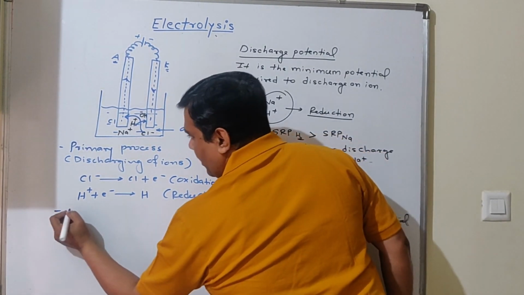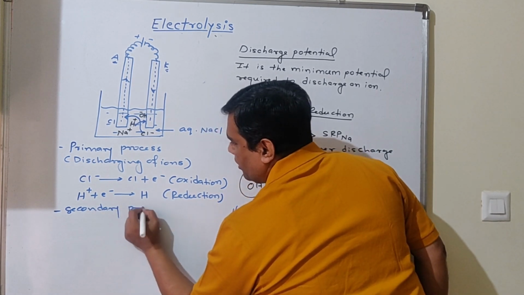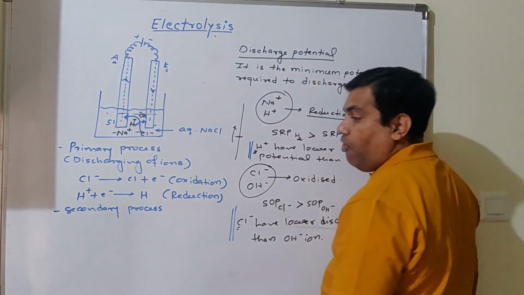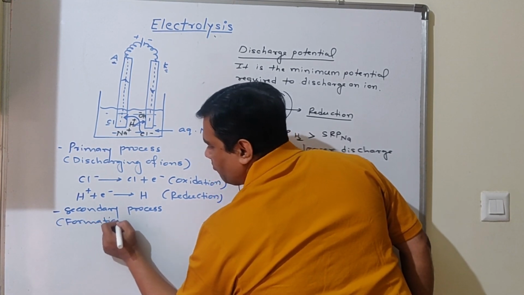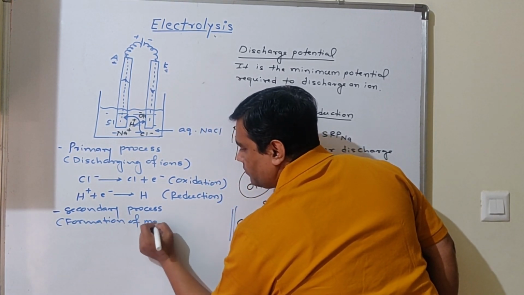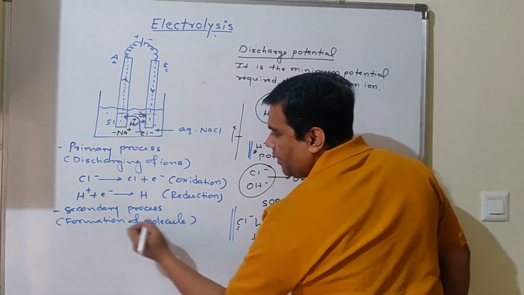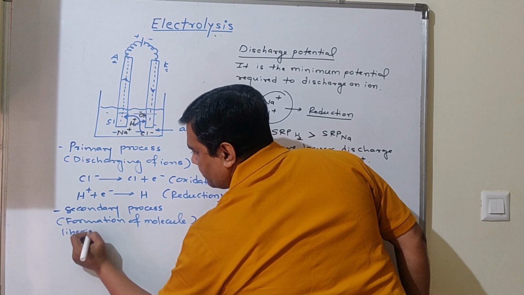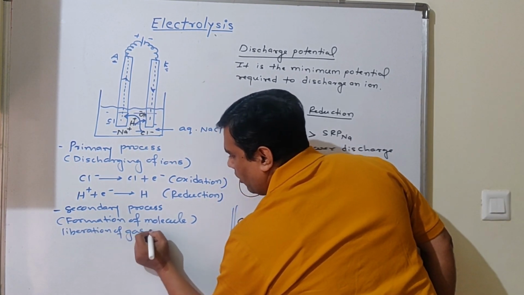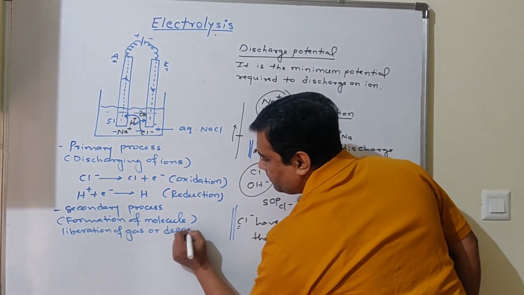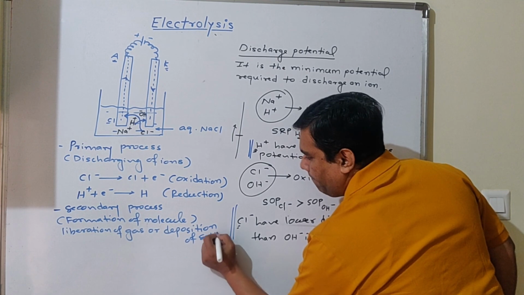Now, after that, there will be the secondary process. And what is a secondary process? Secondary process involves formation of molecule, and then liberation of gas or deposition of solid.